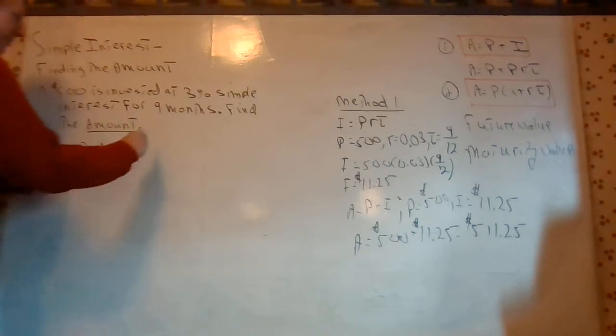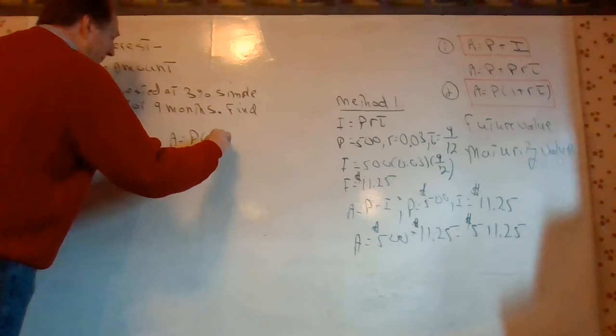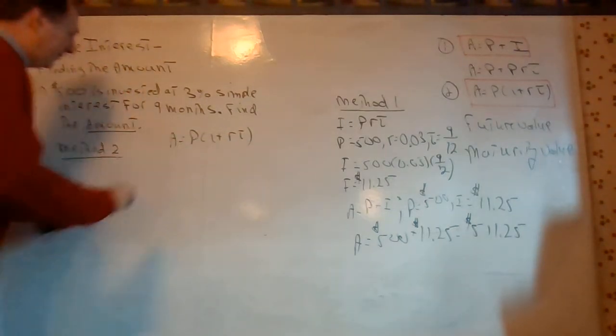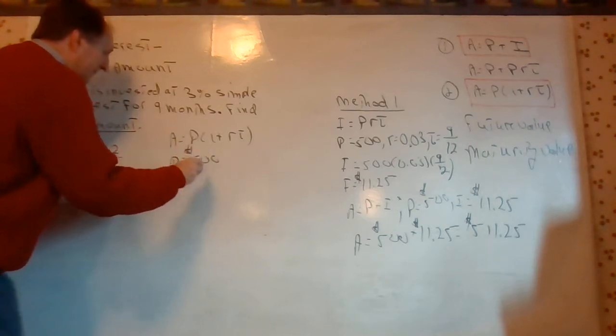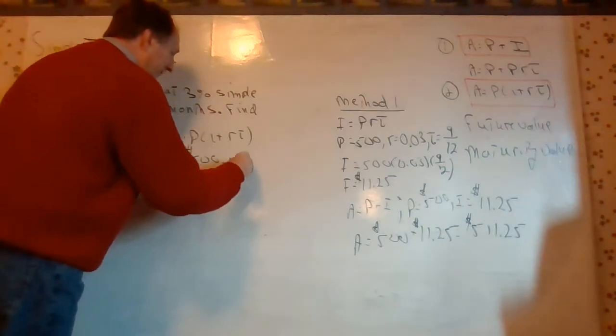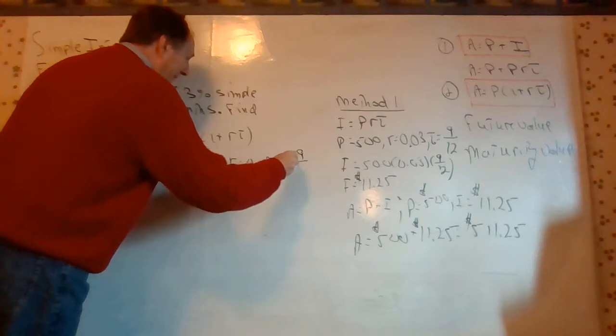Method 2, let's state the formula. A equals P times 1 plus RT. Define the variables. Principal is equal to 500. The rate is equal to 3%. Convert to a decimal. T is equal to 9 over 12.